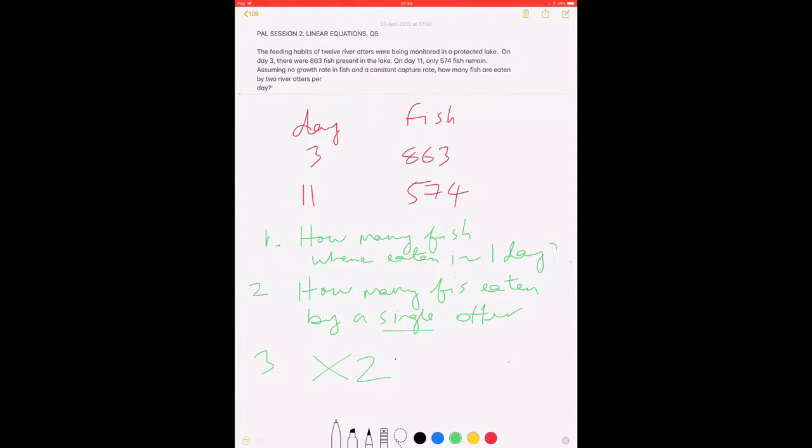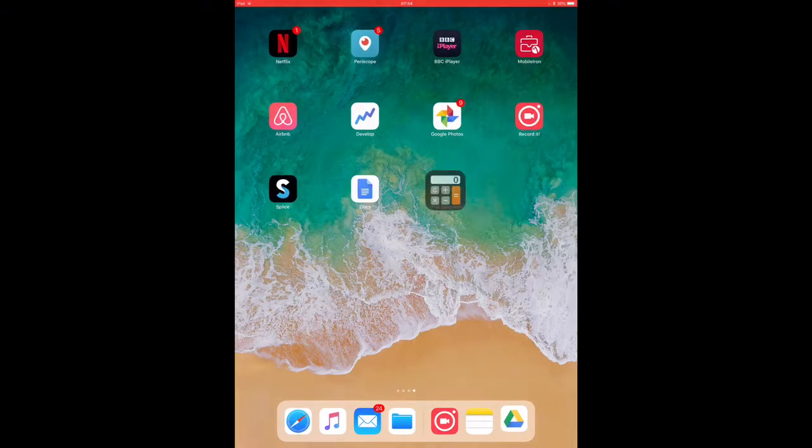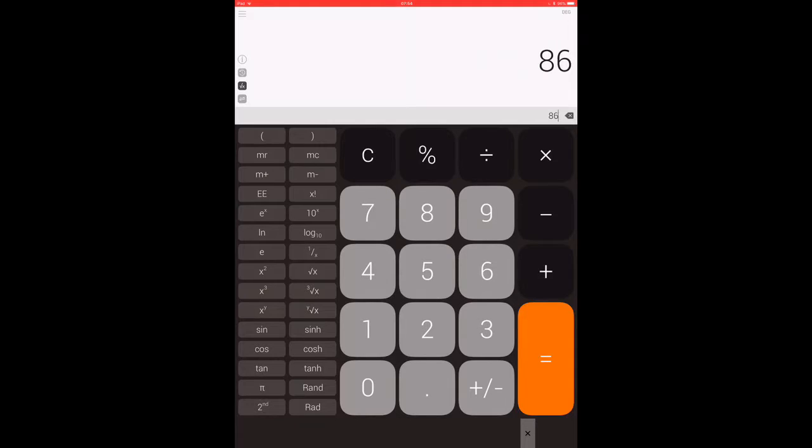So how many fish were eaten in one day? So first I'm going to subtract 574 from 863. So that's pretty straightforward. In fact, I'm so lazy, I'm going to do it on my calculator. 863 minus 574.